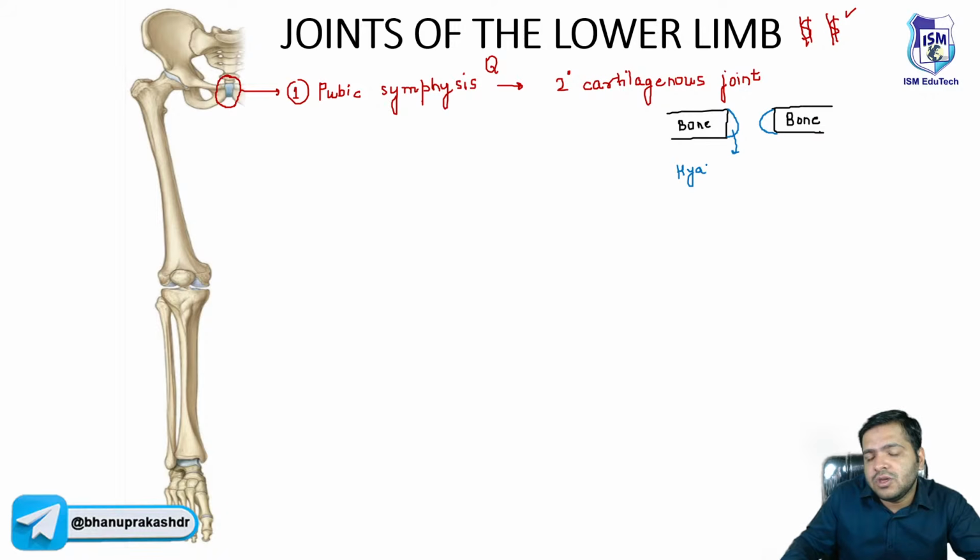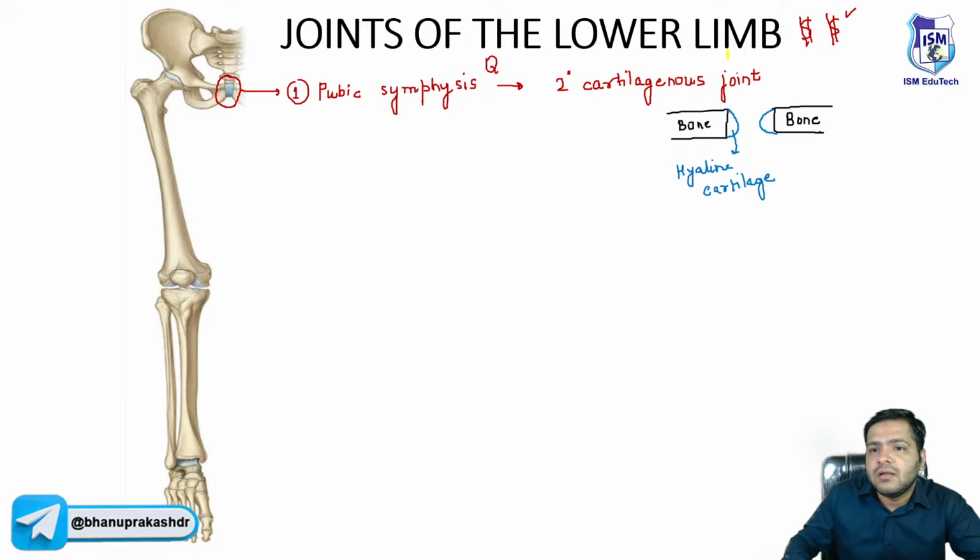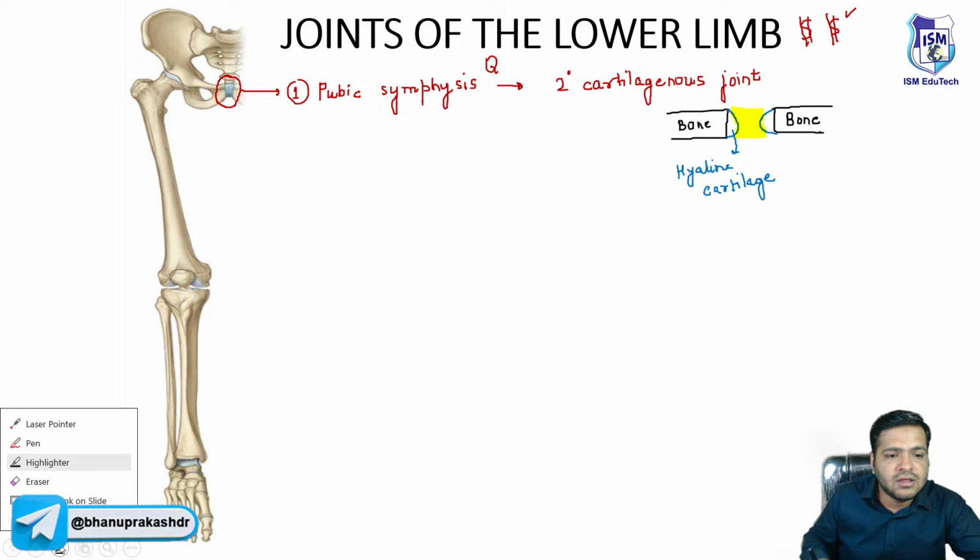I'm showing you what is meant by cartilaginous joint. They are covered with hyaline cartilage, and in between beta, they are joined together by a cartilage, and this cartilage is called the fibrocartilage.